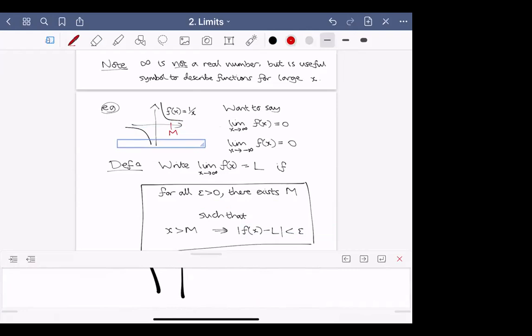Say at this M, say it's 2, the values are forced to be within half of 0. If I want them to be within a quarter of 0, I could choose 4 and so on.